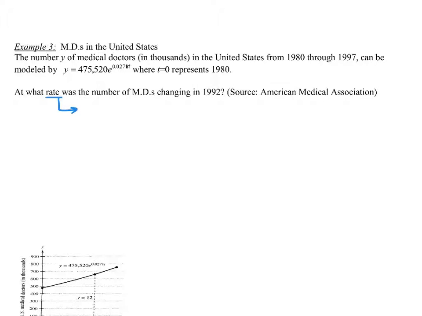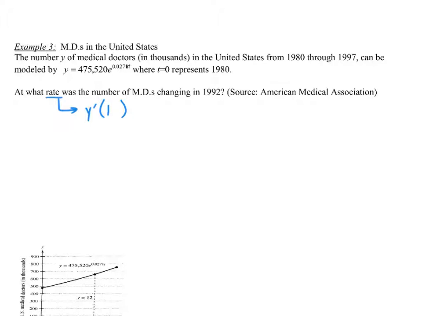So we want the derivative at what value? 1992, so t equals 0 is 1980, so 92 would be 12. If they made 1 be 1980, then yeah, it'd be 13, but we try to avoid confusing you.